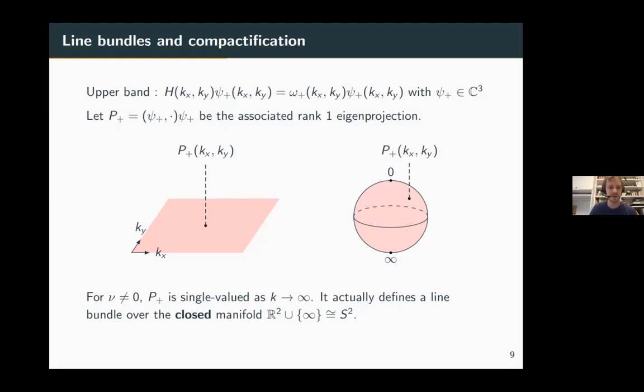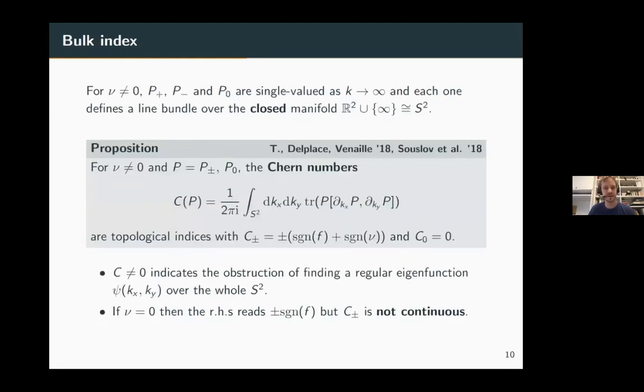Okay, and the answer is that it depends, and it is actually encoded in this bulk index, which is called the Chern number. Okay, so this was for the upper band, but you can do it for the lower one and the middle one. And when you have this regularizing term, then the three eigenprojections are indeed single valued, and so you can fully compactify the problem and compute a Chern number for each of them.